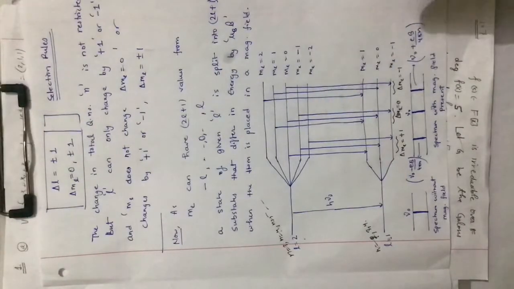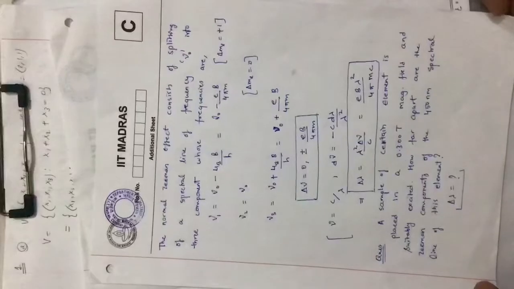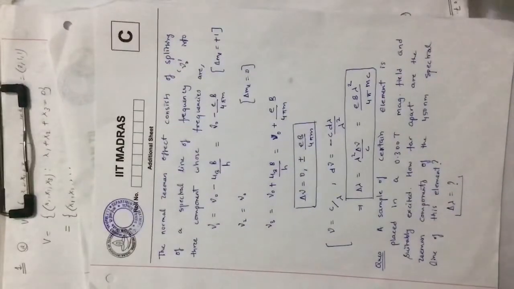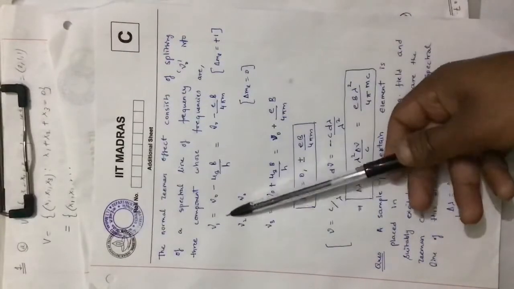So next further, the frequency of these depends on the strength of the magnetic field. So mu, for the first spectral line, this is the frequency of the first spectral line.